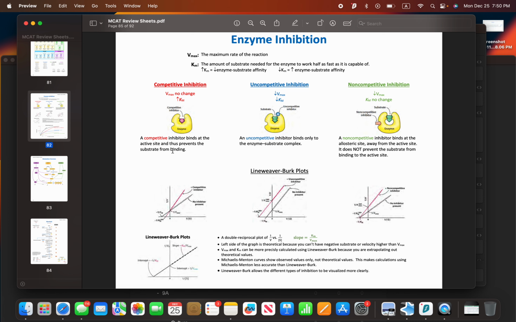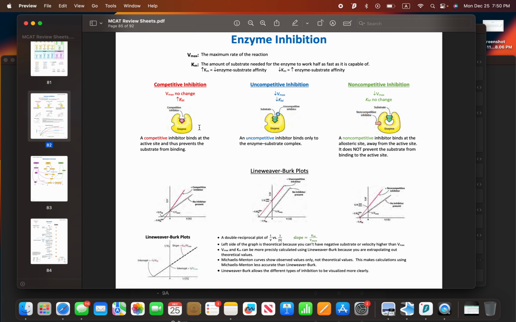What would that actually make you think about? If there's no more room for the substrate, which one is affected, the Vmax or the Km? We know previously from the affinity of the enzyme and the substrate that this is the whole concept of Km.